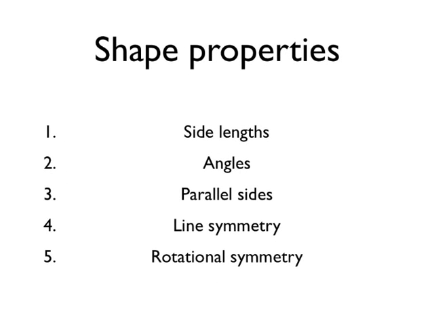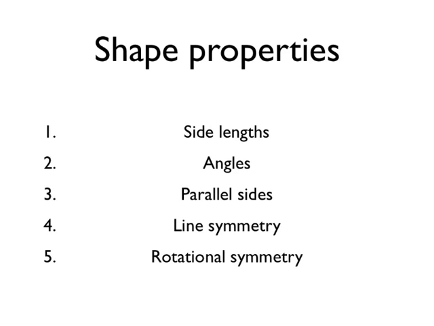So just to recap, shape properties allow us to describe shapes and the differences between shapes. The question might come up, how do you know this shape is a kite rather than a rhombus?